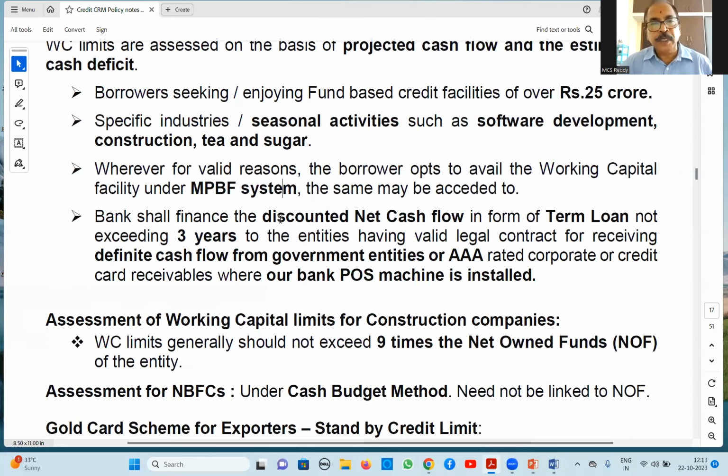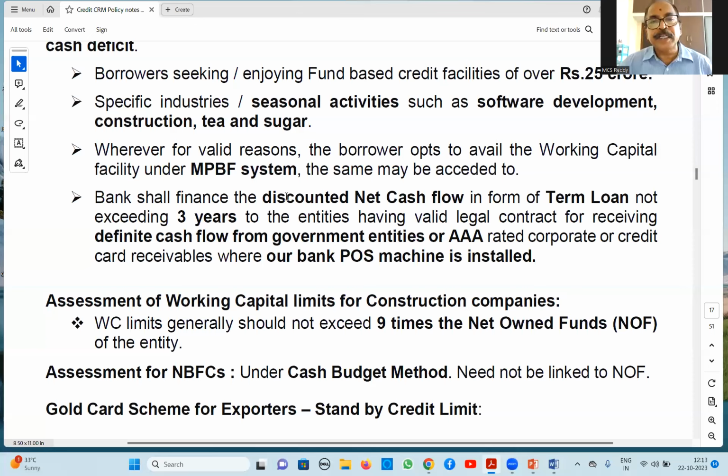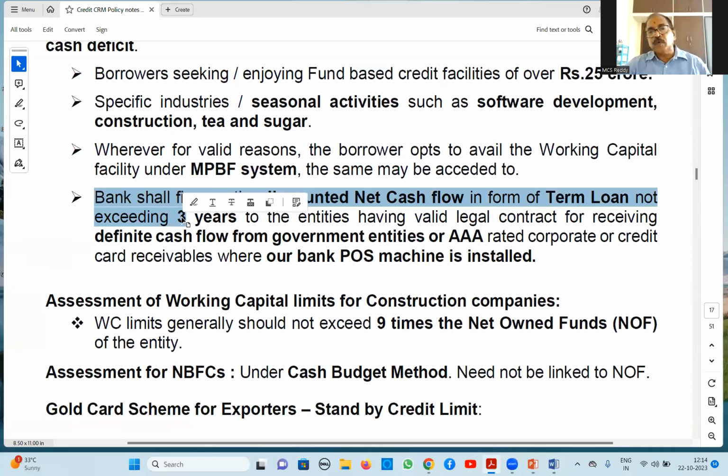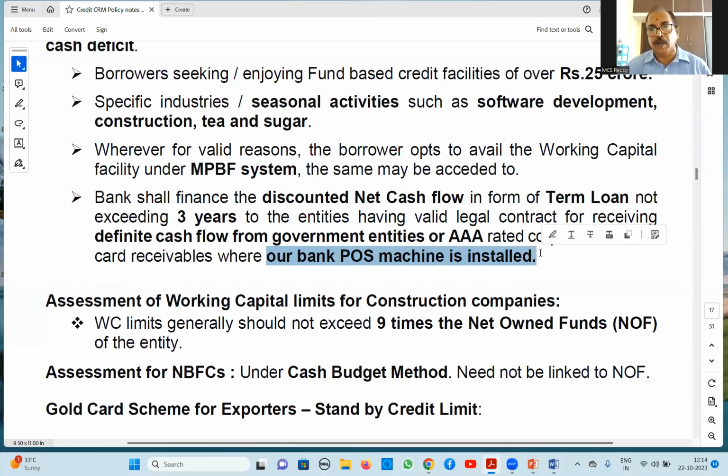Okay. Now, the bank shall finance discounted net cash flow in the form of a term loan, repayable in a period not exceeding 3 years. Whom will it be financed to? Discounted cash flows in the form of term loans go to good corporates, or any corporate which is receiving definite cash flows from government entities, or AAA rated corporates, or credit card receivables where our bank POS machines are involved.